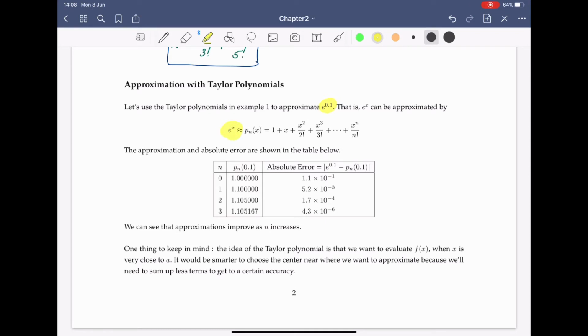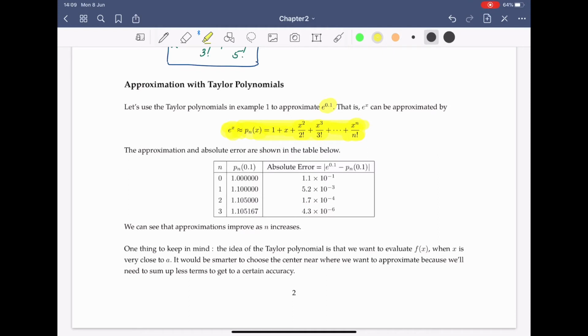And from example 1, we have that e to the x can be approximated by p sub n of x, which is equal to 1 plus x plus x squared over 2 factorial plus dot dot dot up to x to the n over n factorial. So this is the Taylor polynomial of order n for e to the x.